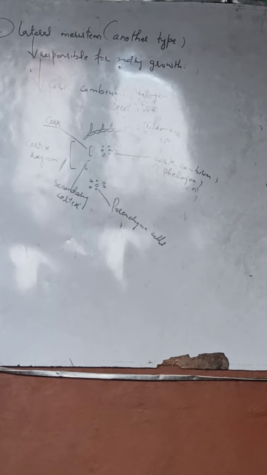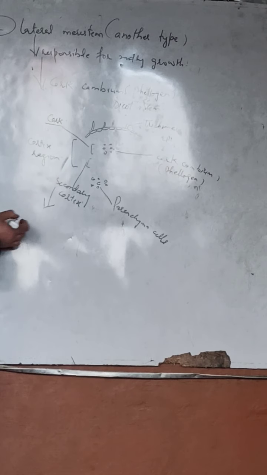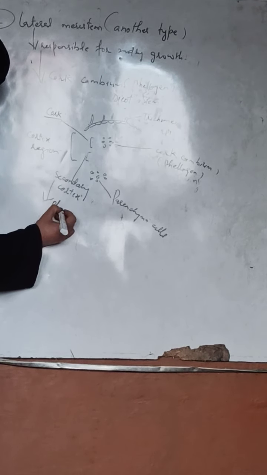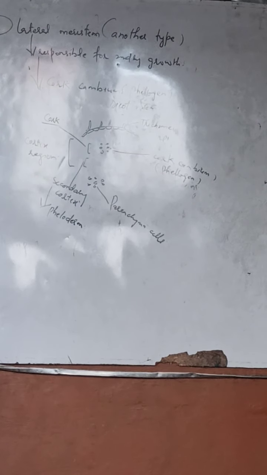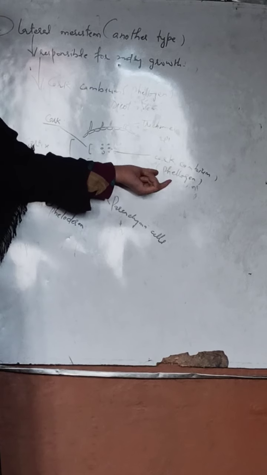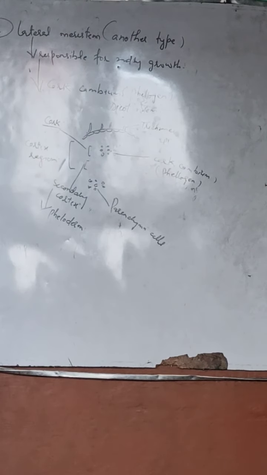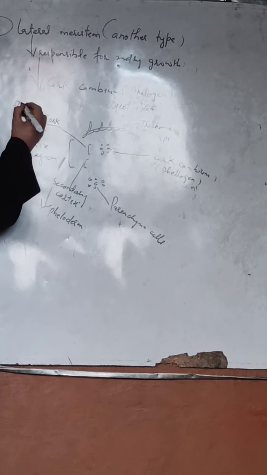Now we know that another name of secondary cortex is phelloderm, and cork cambium is called phellogen. Another name of cork is phellem.